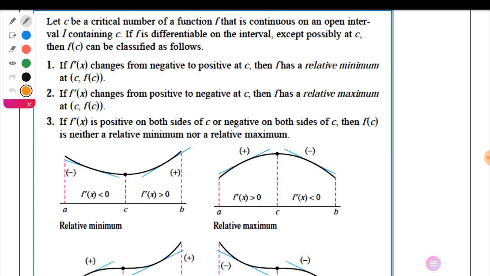If we have a critical number in an interval and the function is differentiable on this interval, as you see here, if we have a critical number c, please be careful.